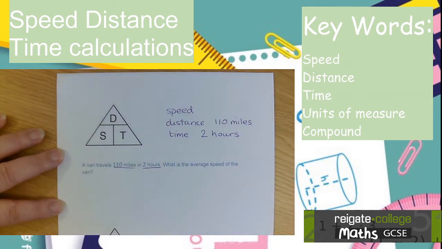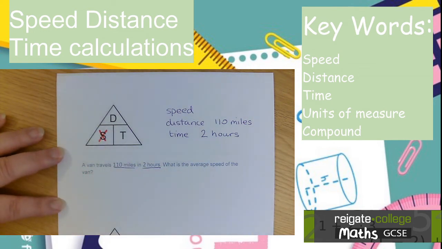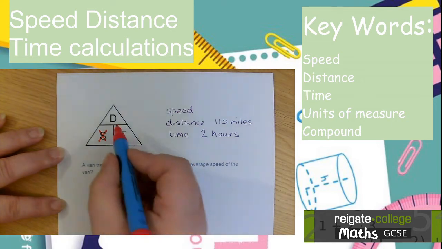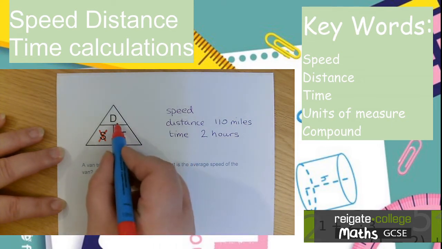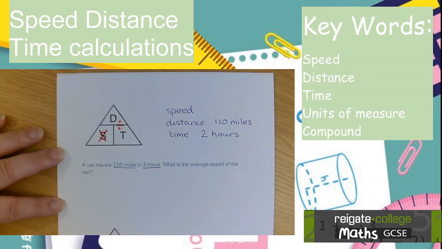So on our triangle, we're going to cross out the speed because that's the one we don't have. Remember, if our two components are sitting at different levels on our triangle, that is going to be a division sum.